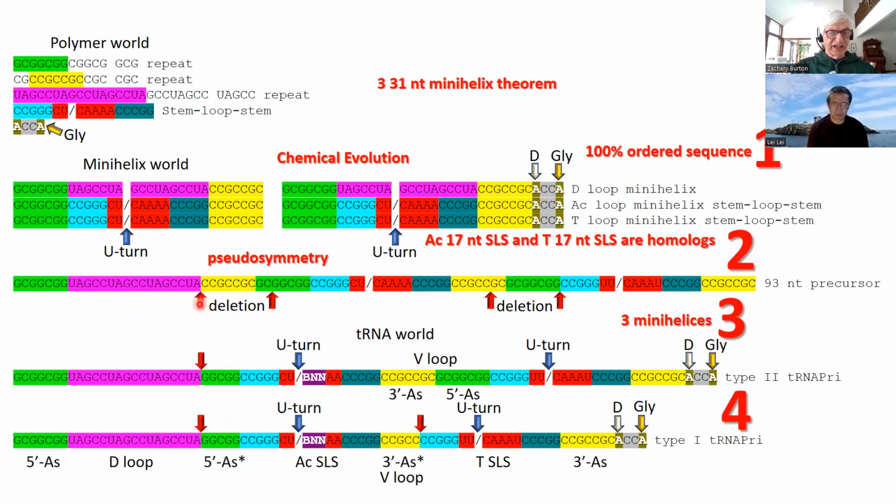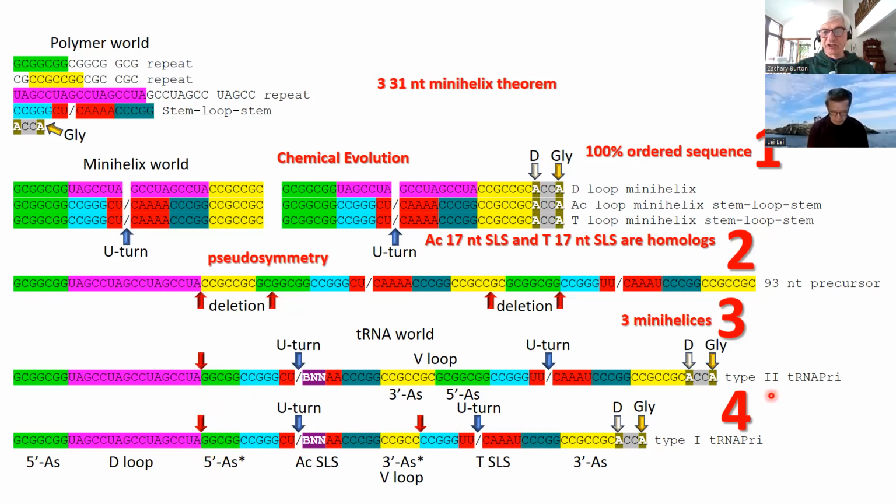And if you process here by a 9-nucleotide internal deletion, so you remove these 9 nucleotides, you're left with GGC, GG, GGC, GG, GGC, GG, GGC, GG. So that's how you process to this sequence.